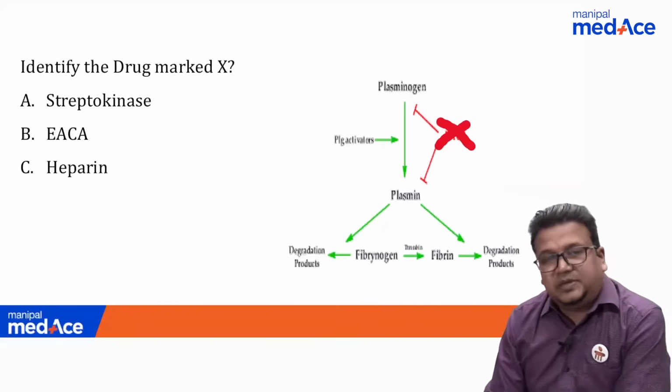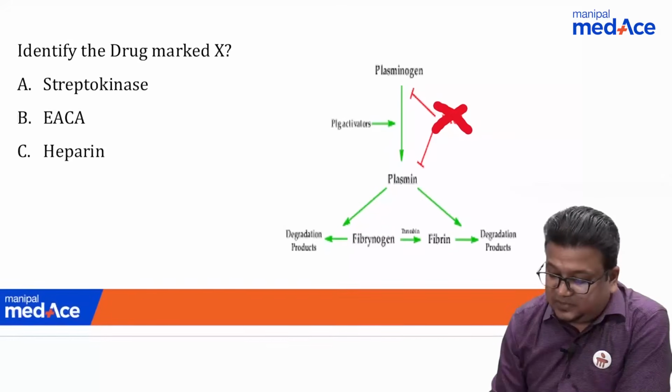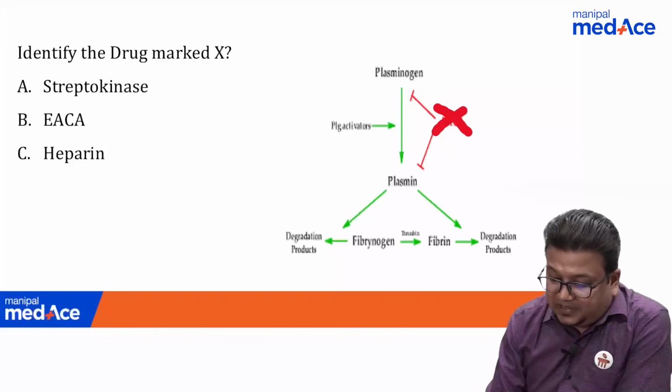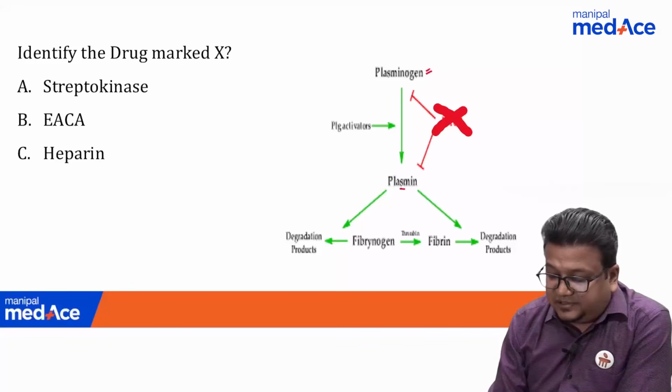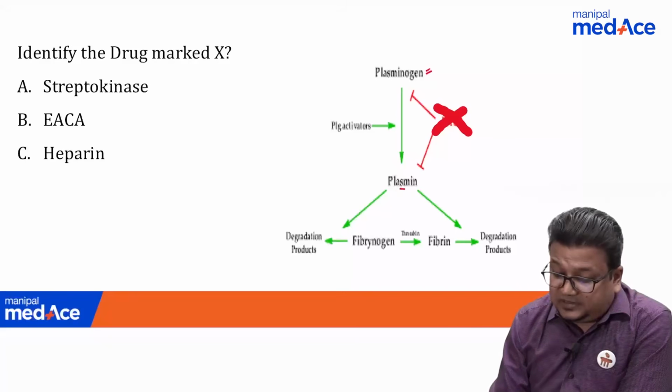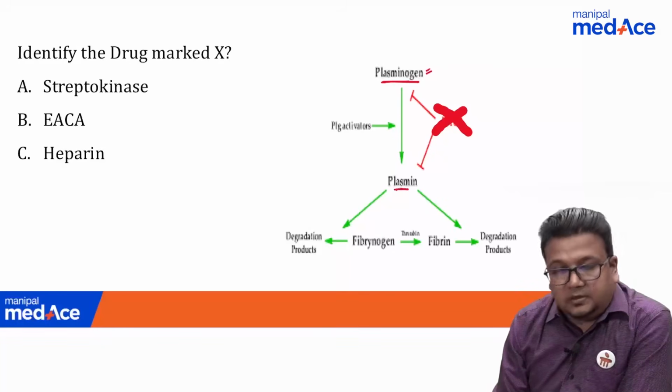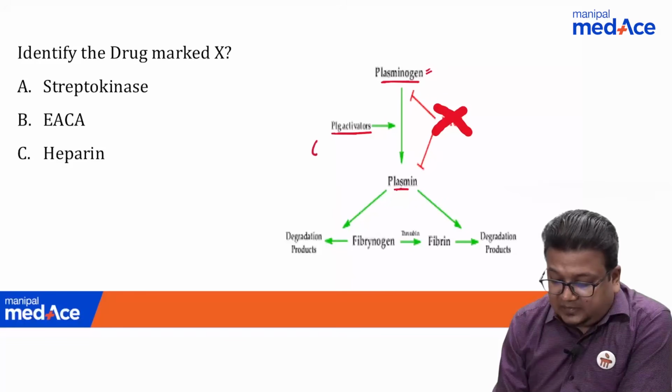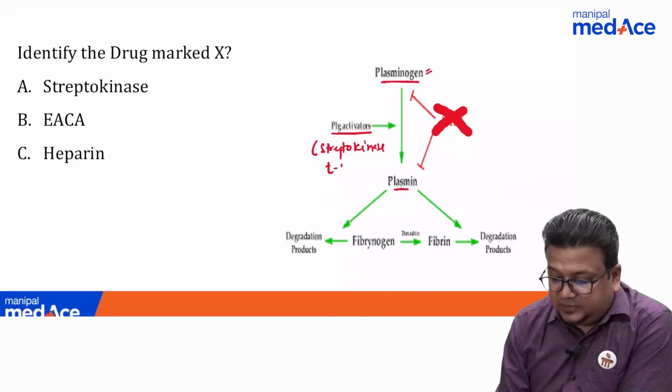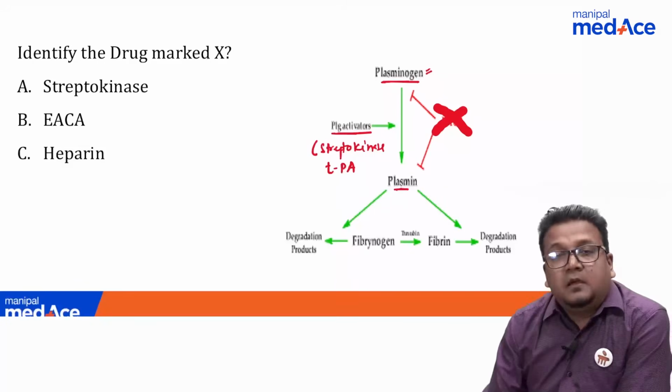We had an image-based question. Something like this image was shown, showing plasminogen to plasmin. This conversion is blocked by which drug? So I hope you can recollect from our discussions in our lectures, plasminogen to plasmin conversion is done by plasminogen activators like streptokinase or the tissue plasminogen activator, alteplase.